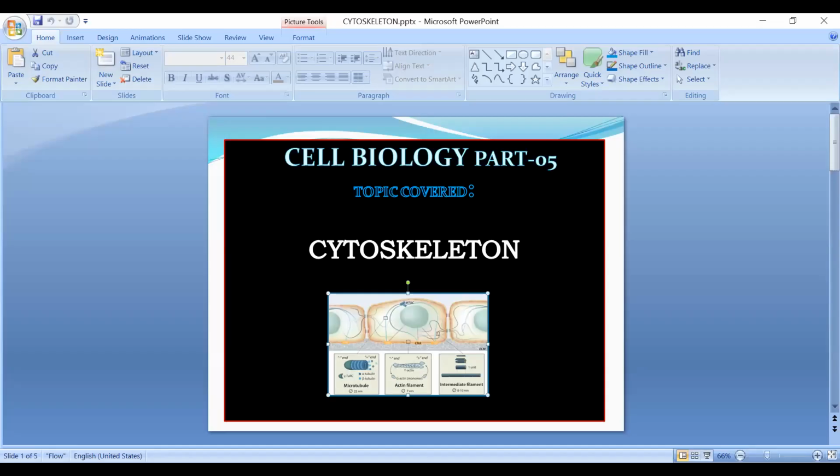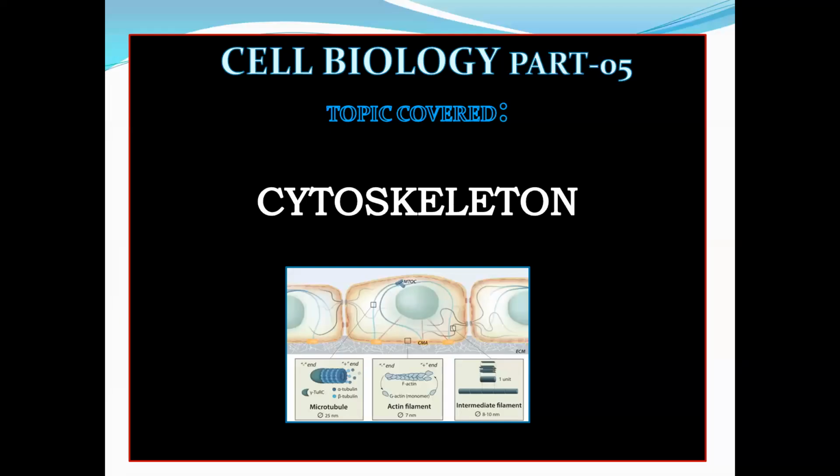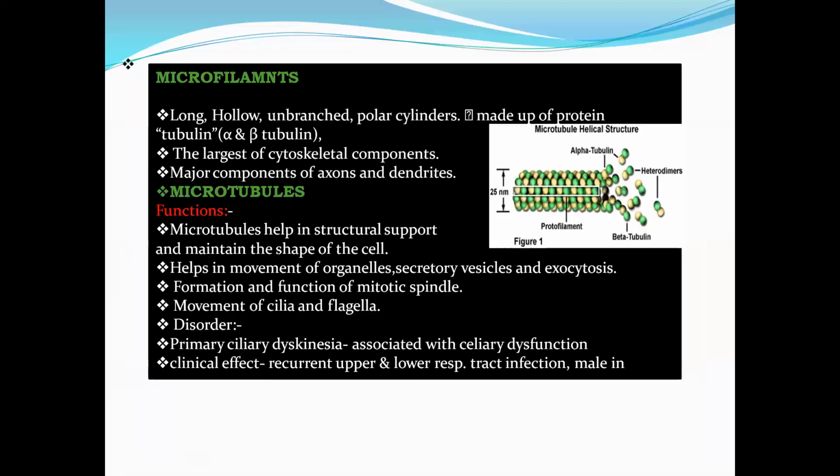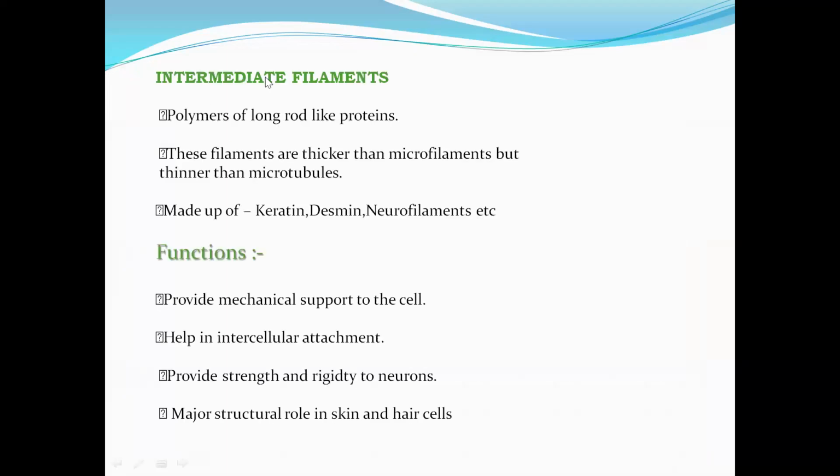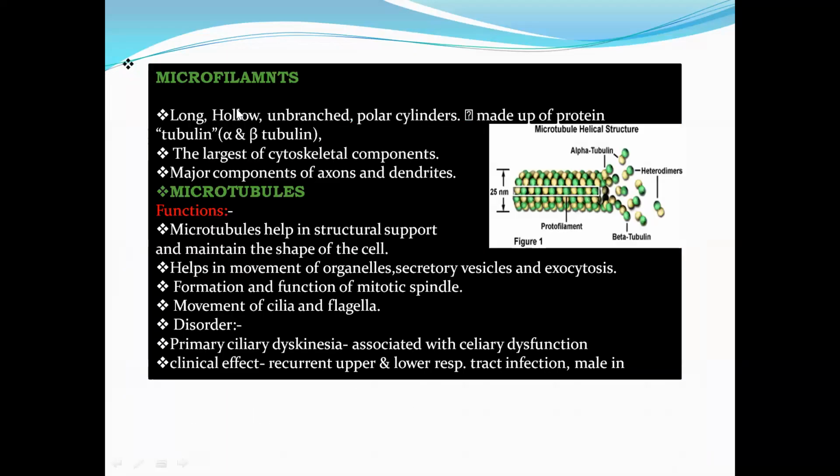In the second and third slides, we saw microfilaments, microtubules, and intermediate filaments. Some questions can arise from this part. One is that the microfilament is made up of which protein; this protein is tubulin.